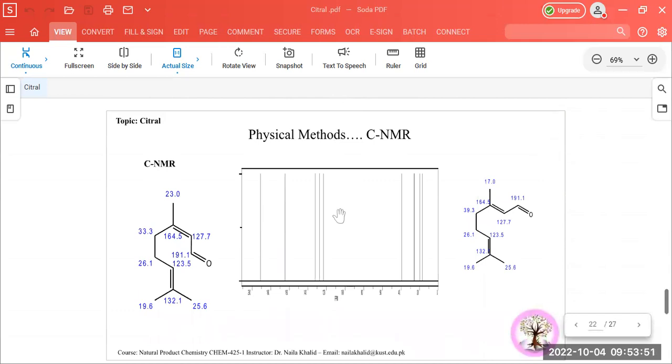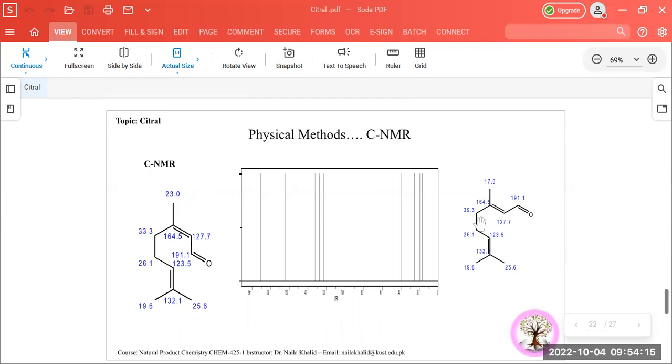If you see the C13 NMR of the two isomers, you will see a difference in this type of carbon. The methyl on the carbon-carbon double bond will show 17.0 if it is in one isomer, because in this isomer, citral A, both are opposite to each other.